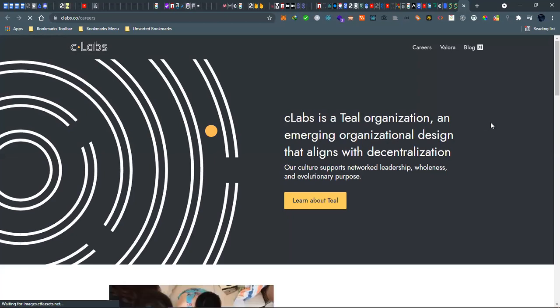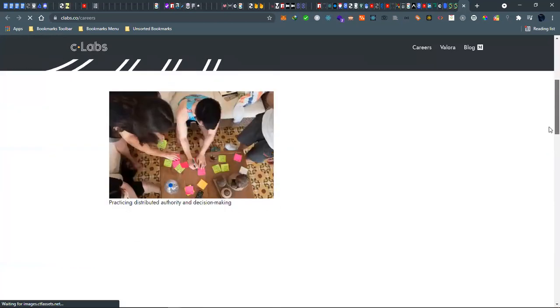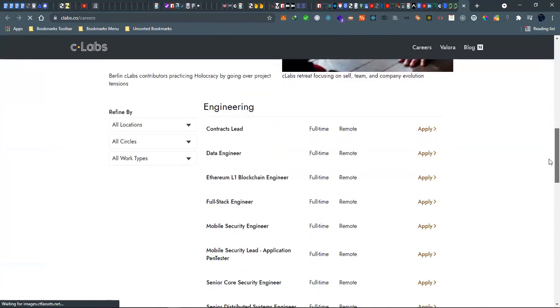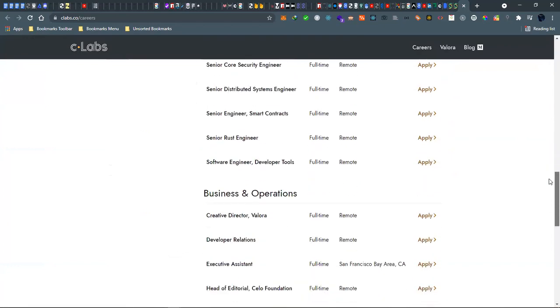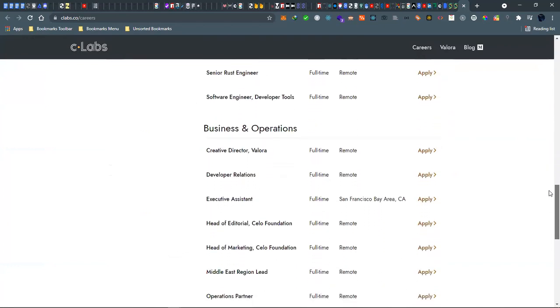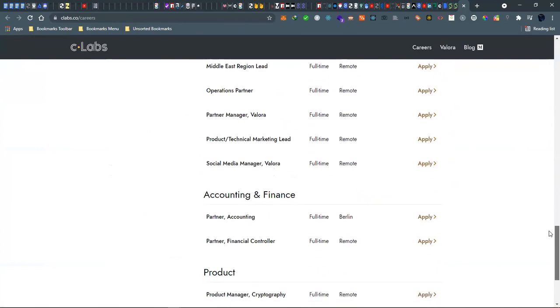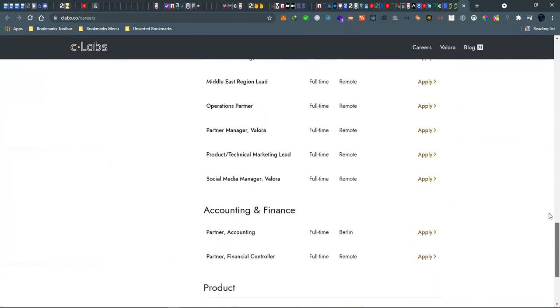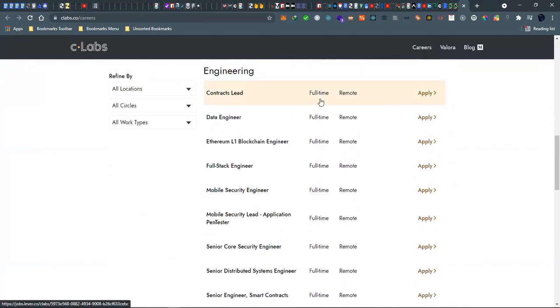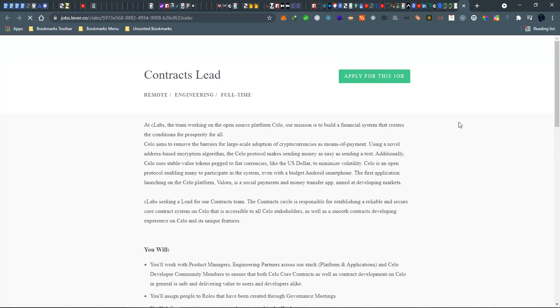If you are creating money, then it means you will get paid. This one is for engineers, then we have business and operations, accounting and finance, and product manager. If you take a look at one of them, you will see the job description.